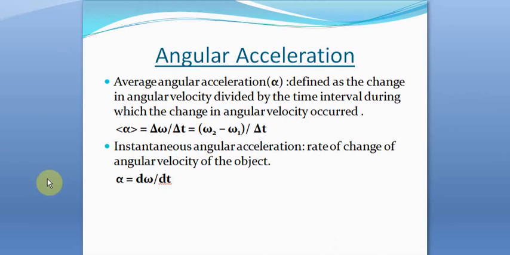Similarly we can define angular acceleration. Angular acceleration is denoted by alpha, and average angular acceleration is defined as the change in angular velocity divided by the time interval during which the change has occurred.